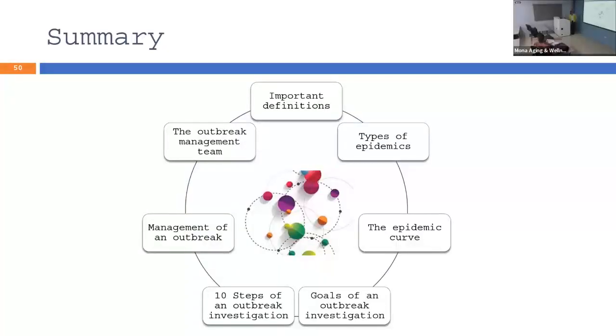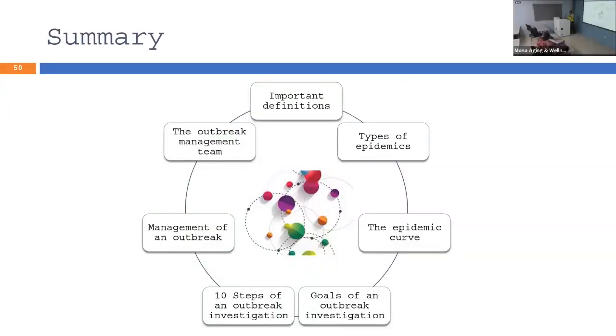So we went through important definitions, including an outbreak, cases occurring clearly in excess of what would normally be expected. We talked about clusters of cases, aggregation of cases in a specific area over a point in time, say in an infirmary, in a workplace, and so on, and a pandemic.